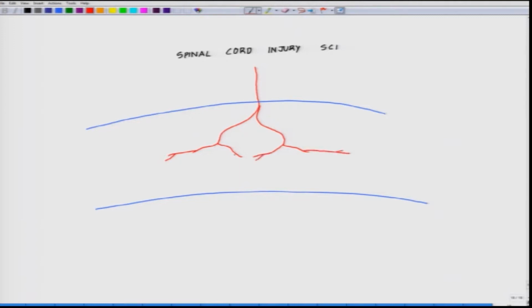So what we'll be dealing with today is, this is the alpha motor neuron.